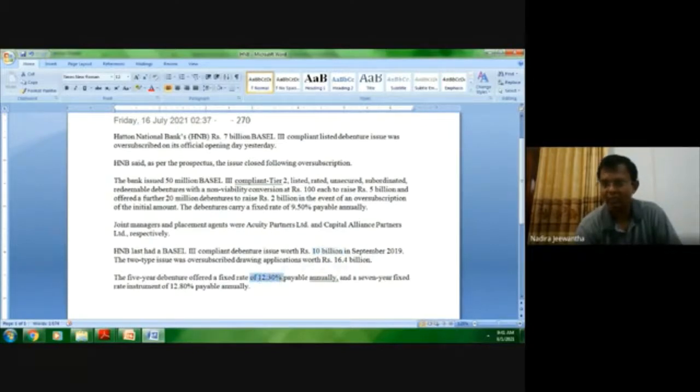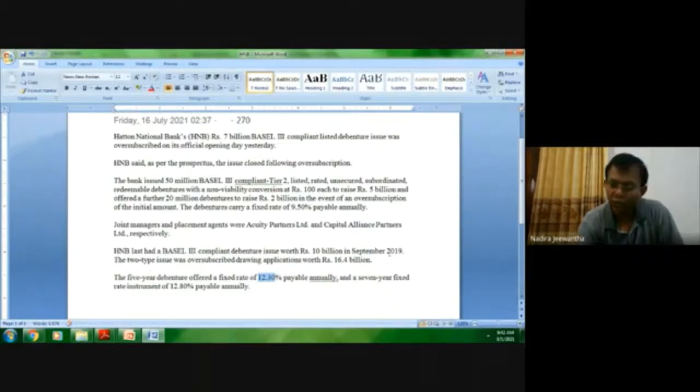Now see, it's a 7-year debenture too. The 2019 issue, they issued at 12.30, payable annually, and a 7-year fixed rate instrument. There are two types.